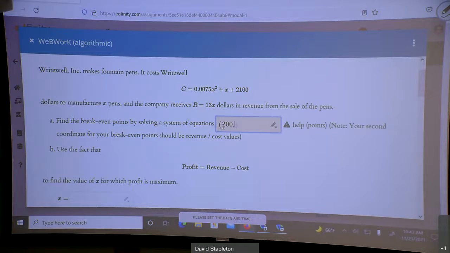Comes out to be 2,600. So revenue and cost, you get one. So apparently they want you to put one for the second coordinate. Let's see if it likes that.